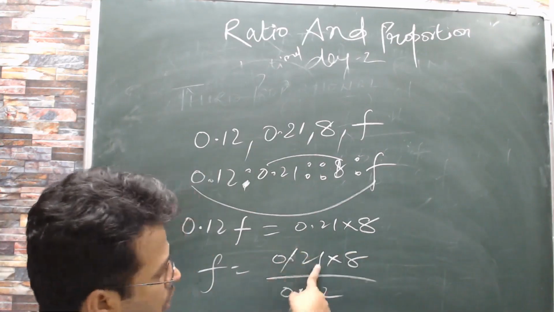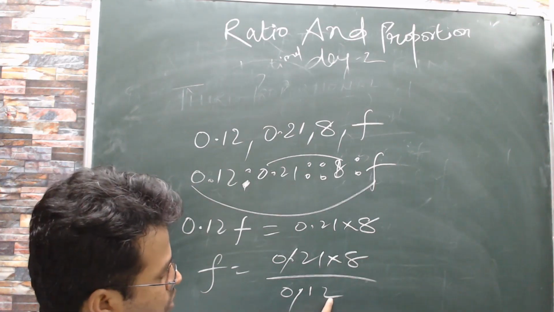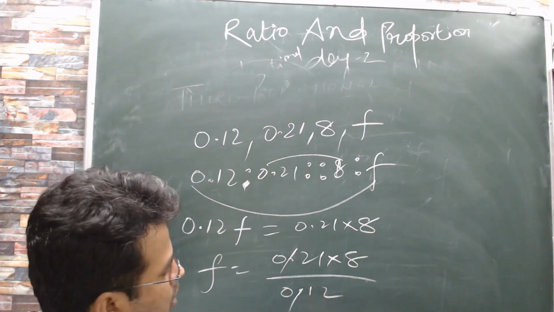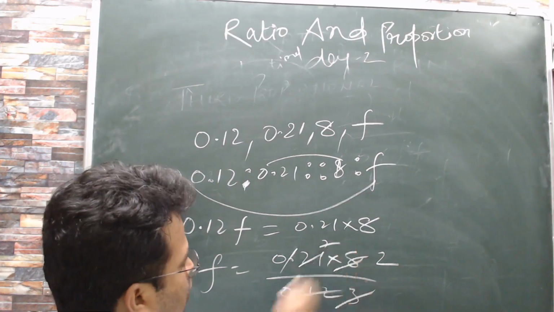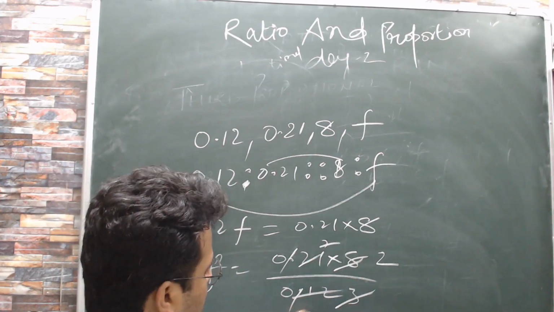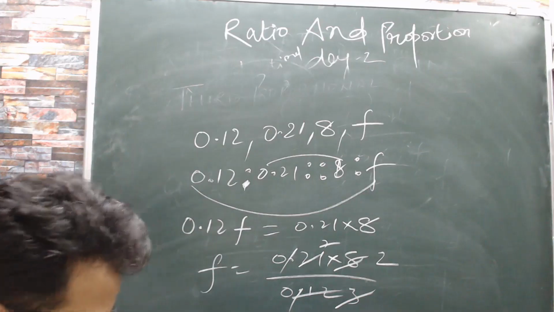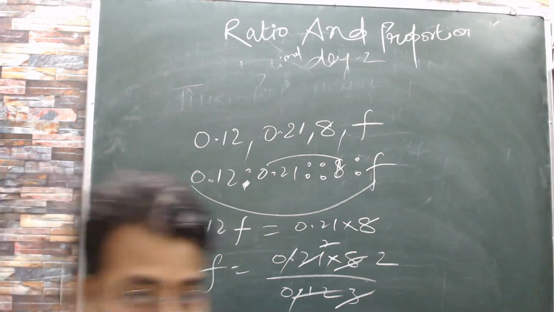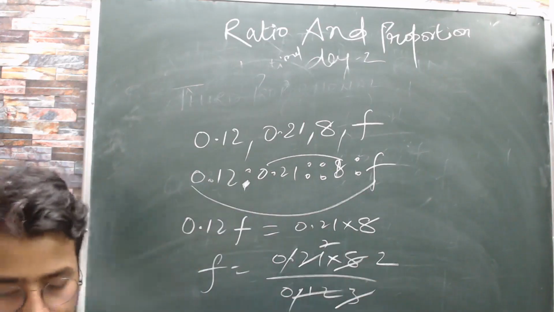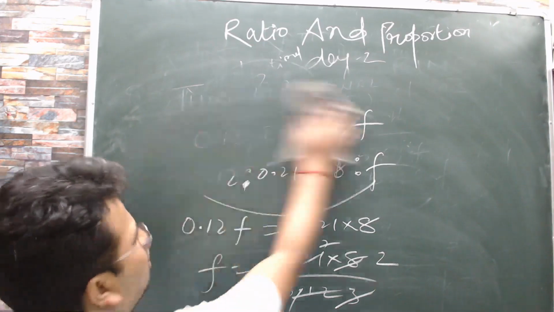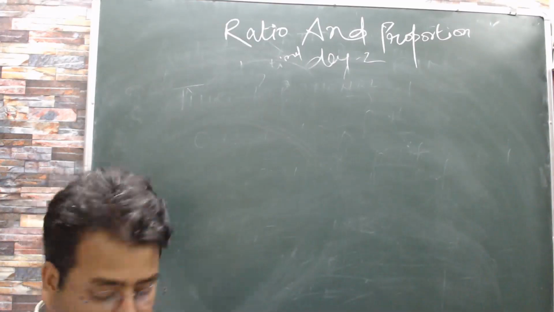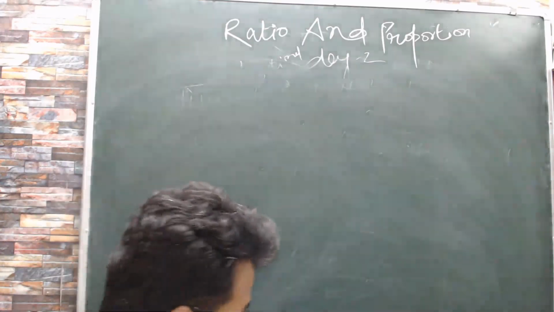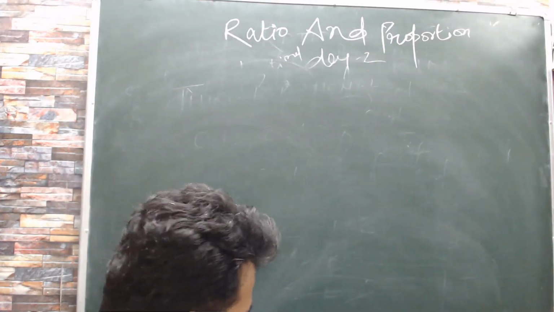The decimal point cancels because you have two digits here and two digits here. 4 twos are 8, 4 threes are 12, 3 sevens are 21. So you have 14 as the answer. Right? So this is proportionality, how you can find the third and fourth proportionals.